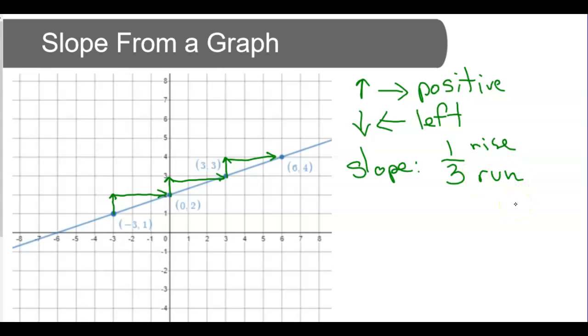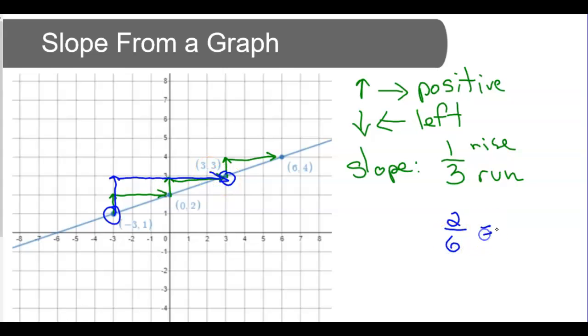But what if I went from (-3, 1) all the way over to (3, 3)? So now I'm going to go from this point here to this point here. How much do I have to go up? I'm going up 2. That's my rise. And then how much do I go to the right? I go to the right 6.